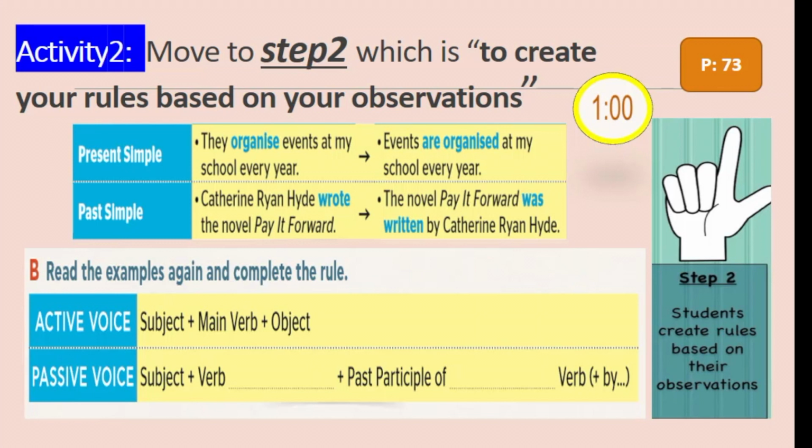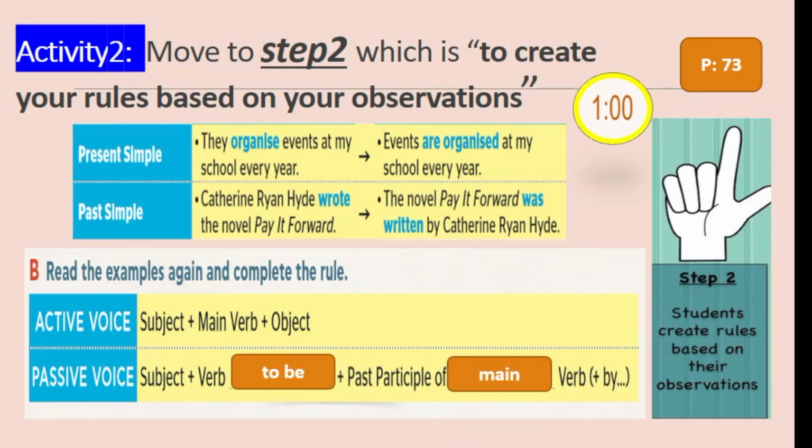Past, Catherine Ryan Hyde wrote the novel Pay It Forward. The novel Pay It Forward was written by Catherine Ryan Hyde. Okay, so these are example sentences. Now read the examples again and complete the rule. Active voice, subject, main verb, and object. Passive voice, subject, verb to be, plus the past participle of the main verb.